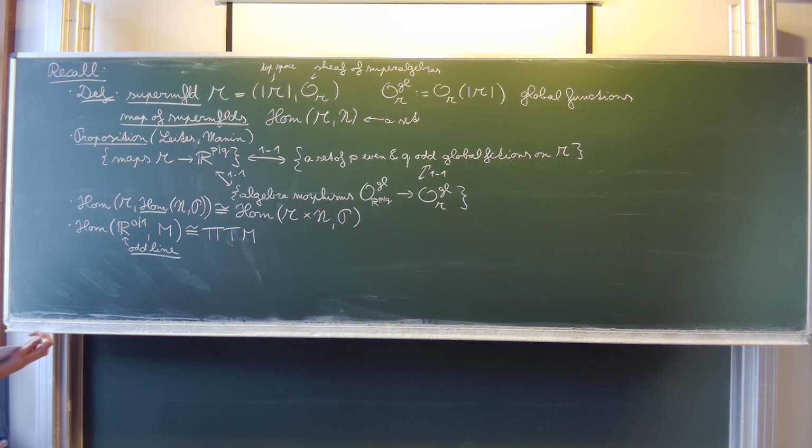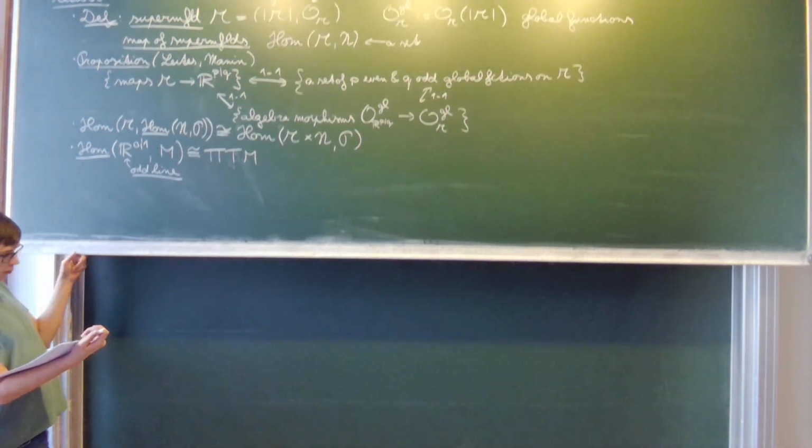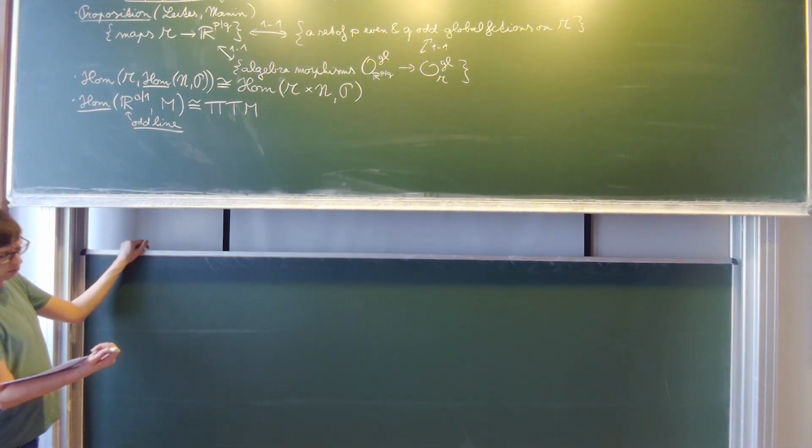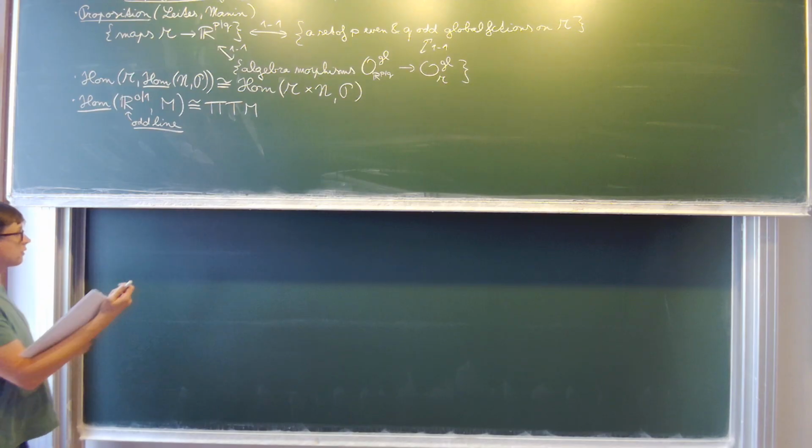Okay, so what I'd like to do now is formulate a couple of remarks which should make this second last point, also underlined, the internal homes, hopefully a bit more concrete.